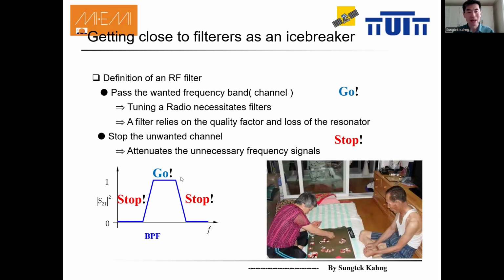Go means the passband, and stop is where the unwanted frequencies are suppressed. When you see the frequency axis, a certain block is designated as the passband, and except for that region or block, you say stop bands.